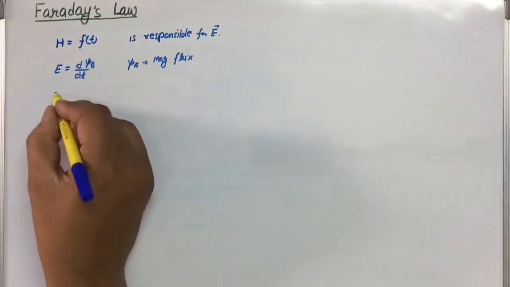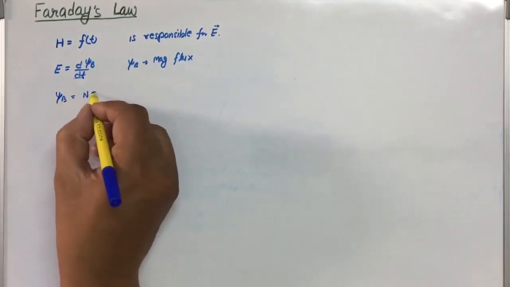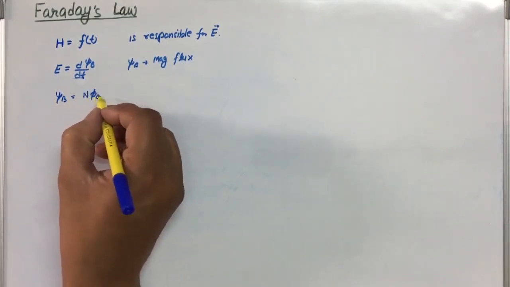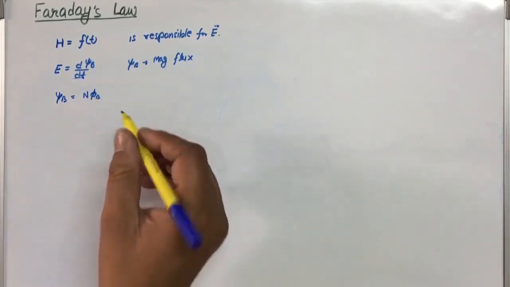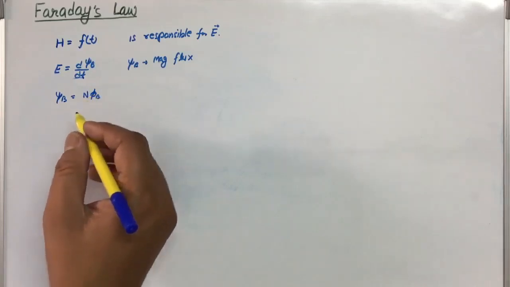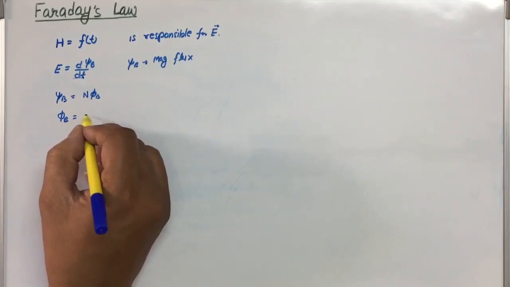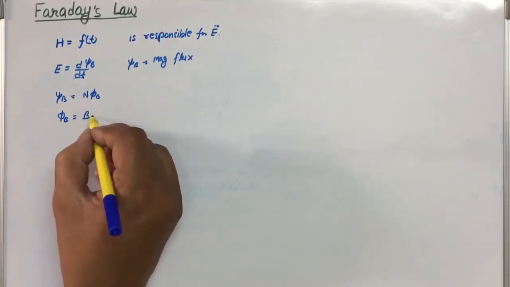This magnetic flux, for N number of turns, can be written as N phi B, and phi B is the flux due to one turn, and phi B can be written as flux density times area.